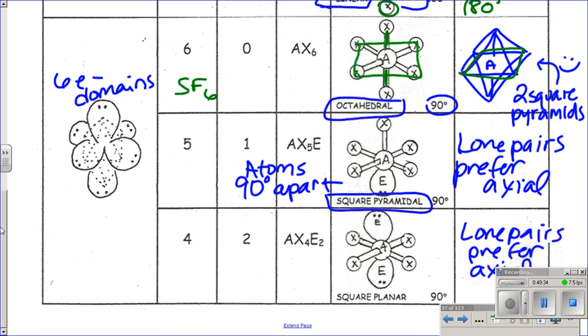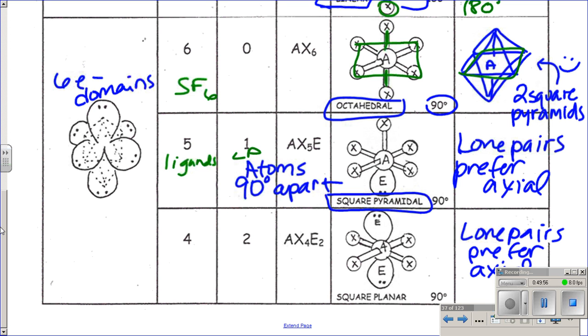Going down one, we go five ligands and one lone pair. That one lone pair has to take the axial position. I know I say axial, if you turn it sideways it looks like it's equatorial. I'm just telling you to put it on the bottom or top in the way that you picture in your mind or on paper the 3D image here.